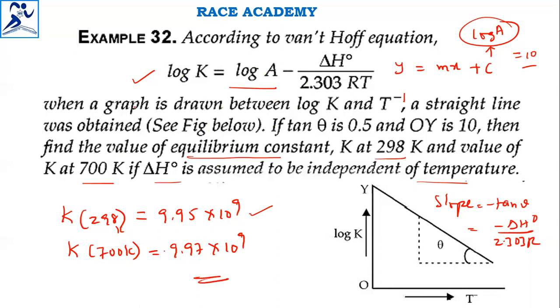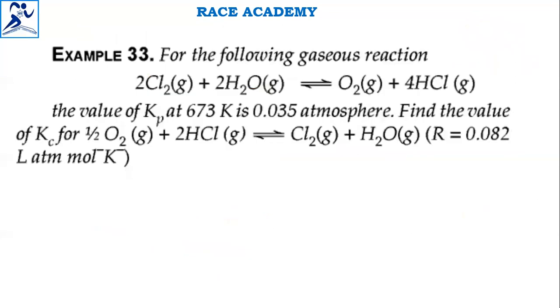Then using that temperature T1, 298 Kelvin, and the log equilibrium constant obtained at that temperature, we can find the second equilibrium constant at 700 Kelvin using the expression relating two different equilibrium constants, right? So this is the answer for this question. Let us move to the next question.